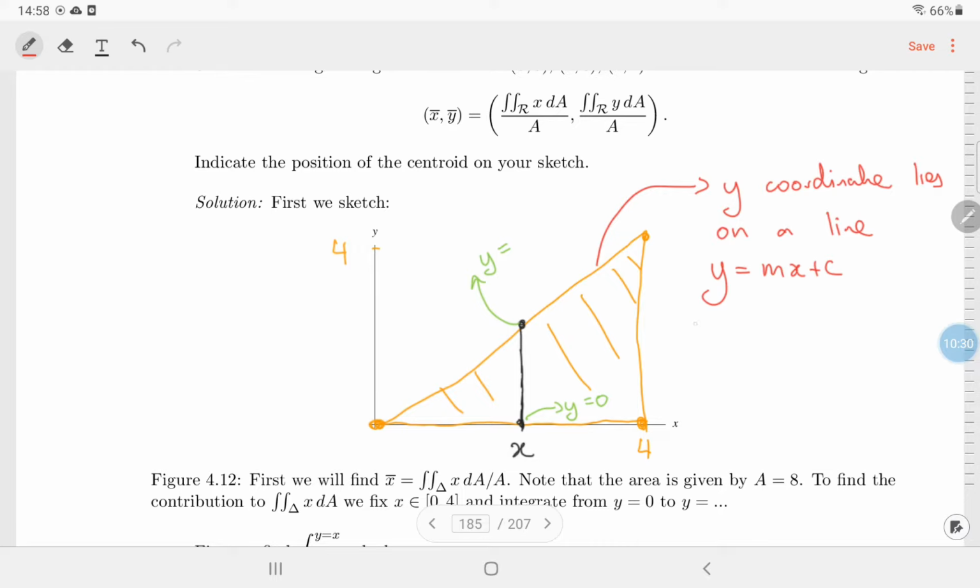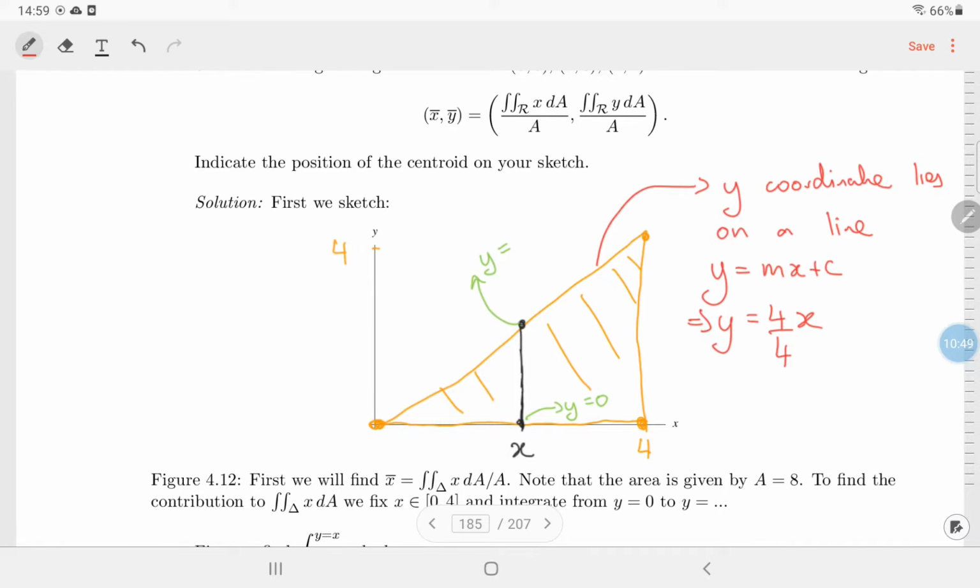It's quite an easy y equal to mx plus c because we have the picture drawn. So what's the slope? Rise over run. As you go from (0, 0) to (4, 4), the y coordinate rises from 0 to 4, which is 4. And the x coordinate runs from 0 to 4 as well. 4 over 4 is equal to 1.